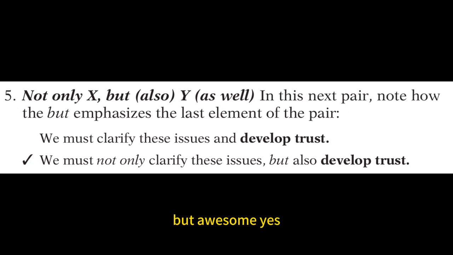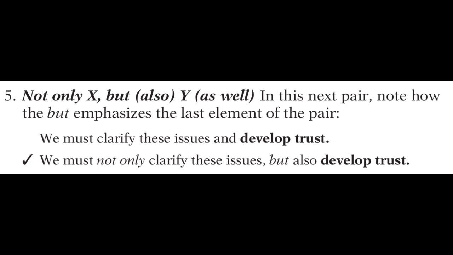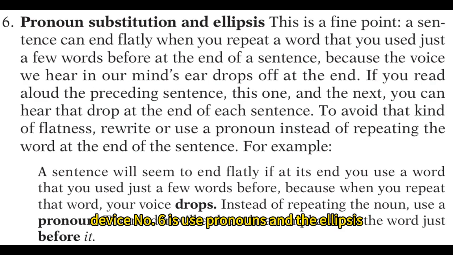But also, yes. The emphasis always comes at the end. So take a look at, for example, this pair of sentences. We must not only clarify these issues, but also develop trust. Develop trust.